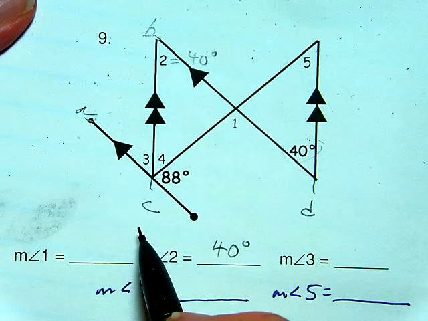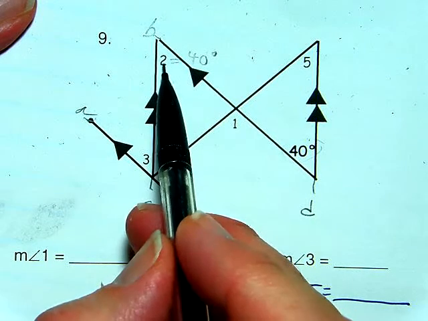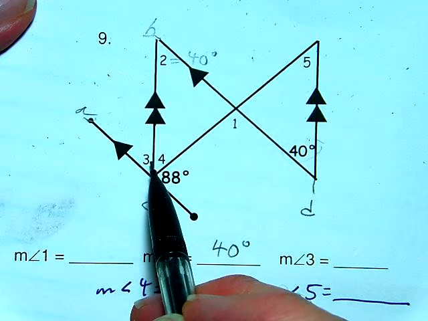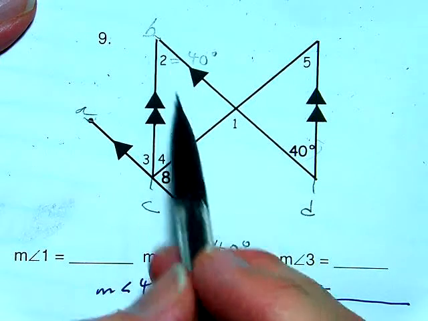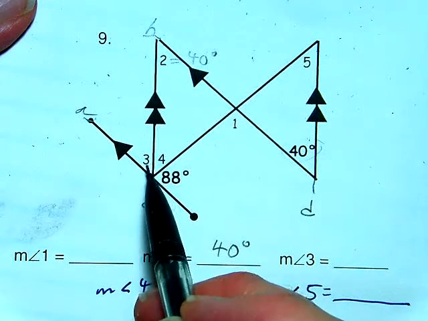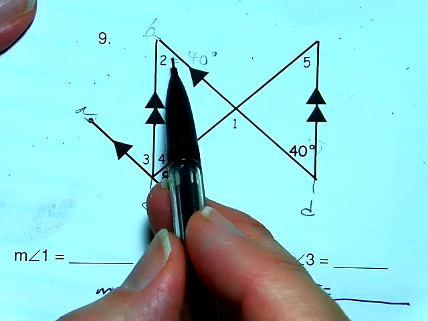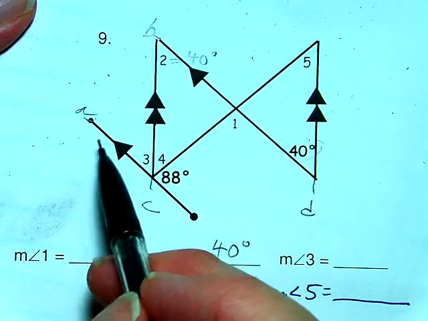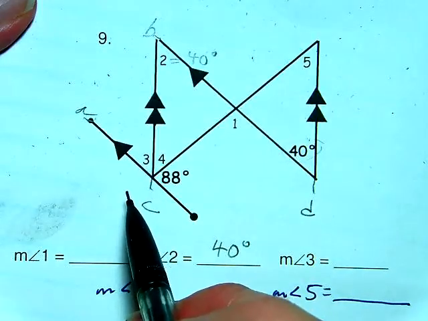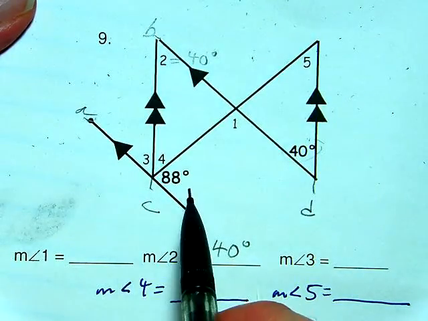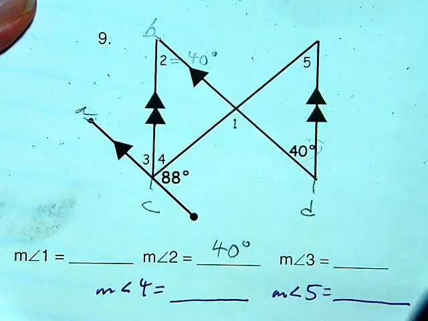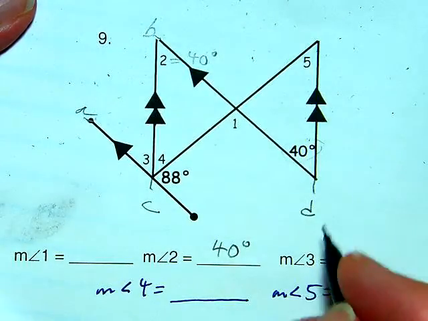Okay, I'll tell you one that I see, which is that there's a relationship between angle 2 and angle 3. They both share this common transversal C, but notice they're on opposite sides of C, so they're alternate angles, and they're both between the parallel lines B and A, which intersects the transversal, so they're another pair of alternate interior angles. And therefore, they are congruent as well. So angle 3 is also 40 degrees.